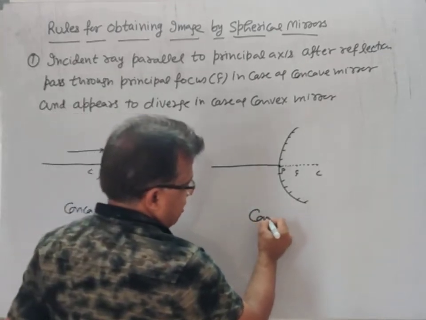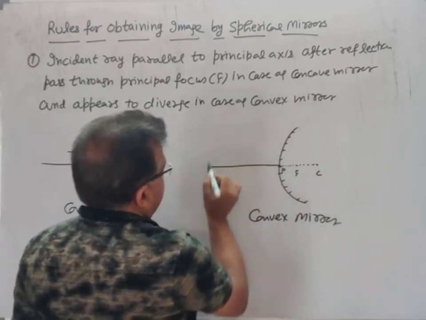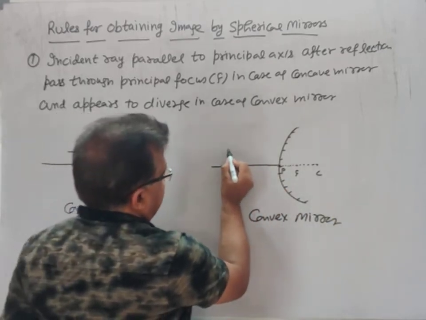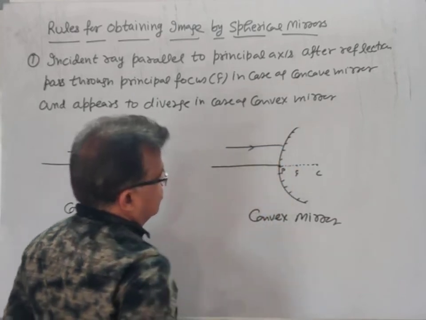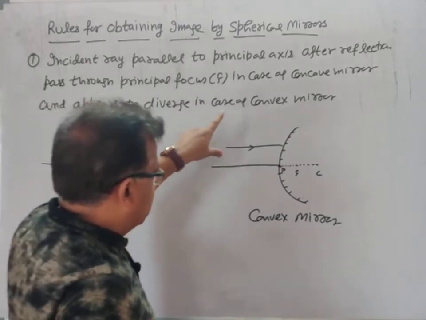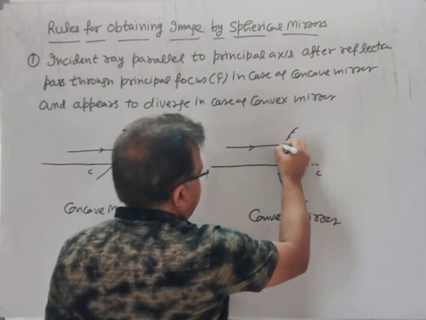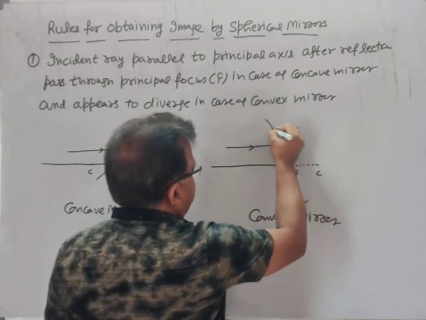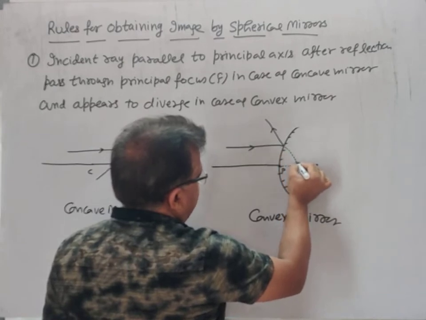In convex mirror, an incident ray is parallel to the principal axis. Now what is written? Appears to diverge in case of convex mirror. After reflection it will move like this. When we observe, it appears to come from this point.